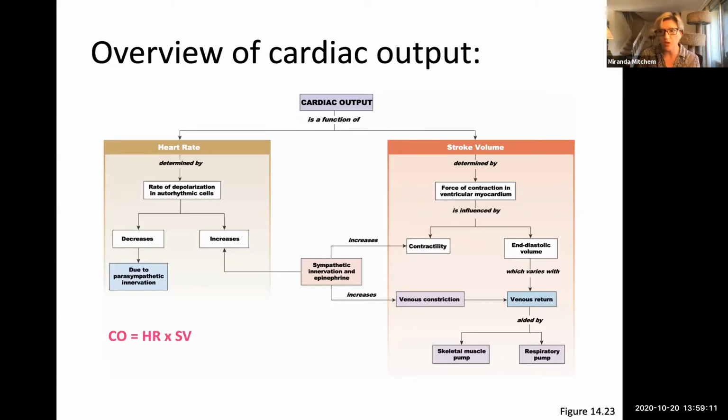Because there's not much pressure in the venous system at all. So the sympathetic stimulation also affects the contractility of the heart, which has an effect on the end diastolic volume. So cardiac output is the product of heart rate times stroke volume.